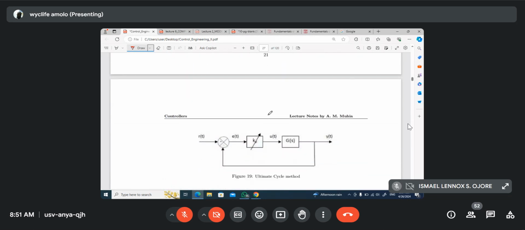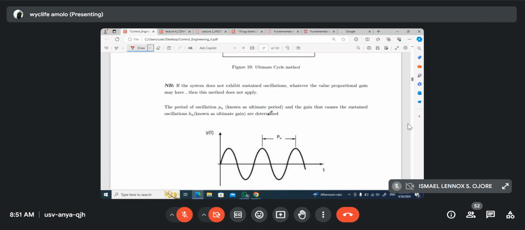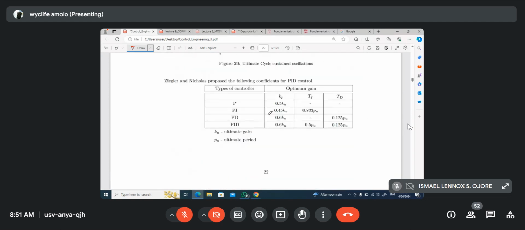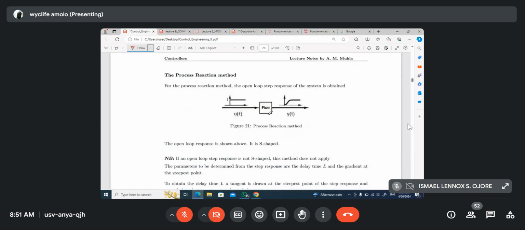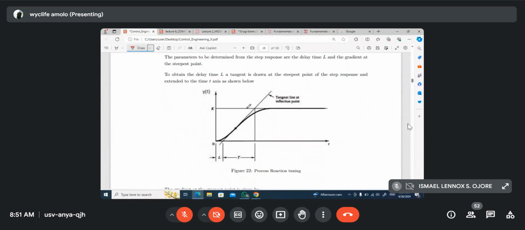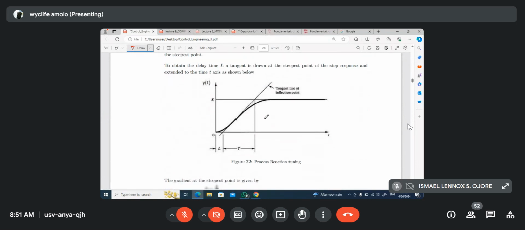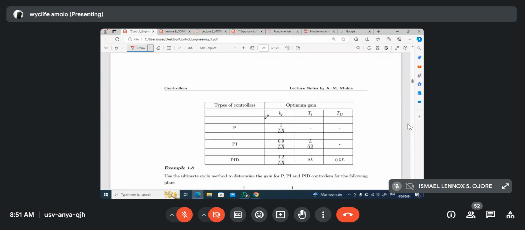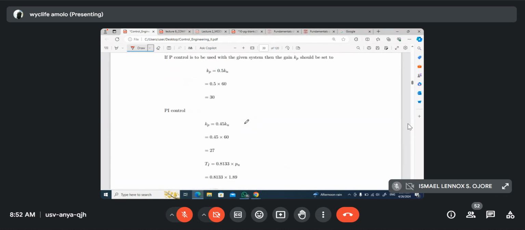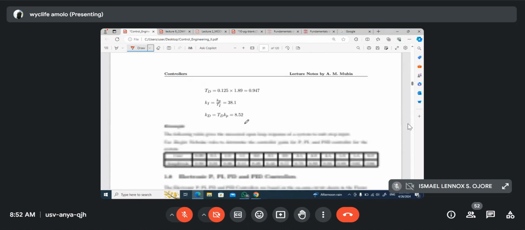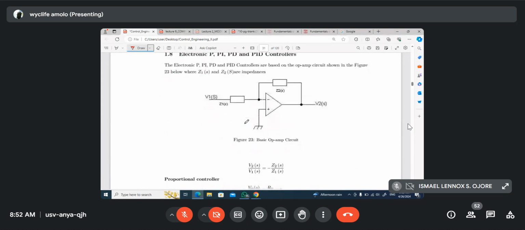There are also many methods in this kind of exercise, and you can optimize the process. There's also the process reaction method, whereby you get a tangent to the deflection, and you get values in that order. So you can even do all these things, you read through and get the answers. It's a lot of good work here.